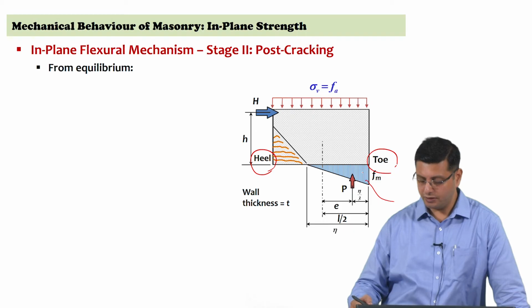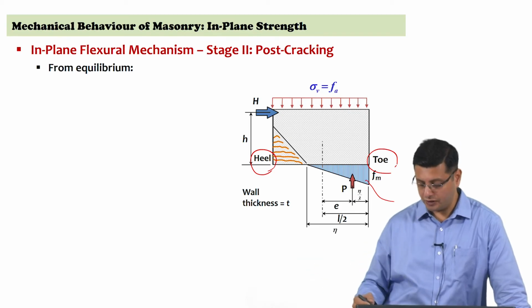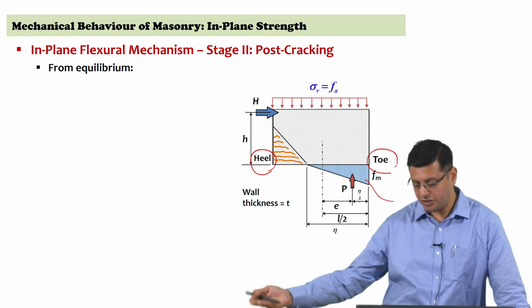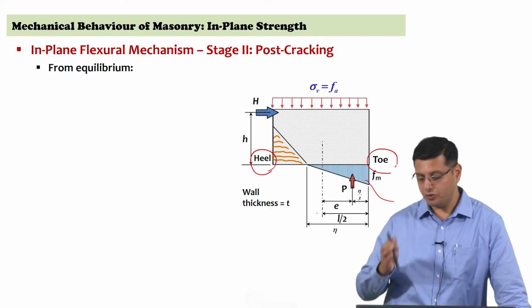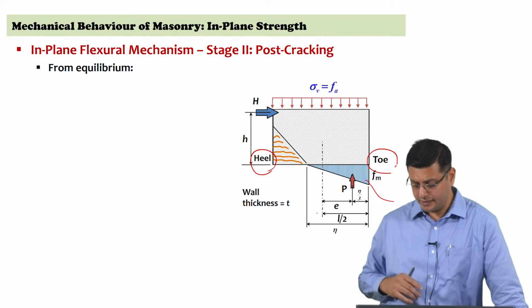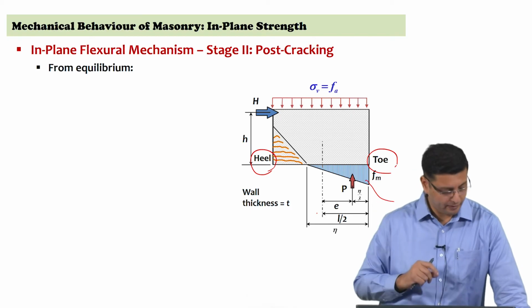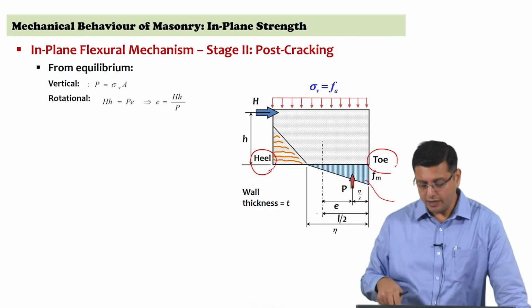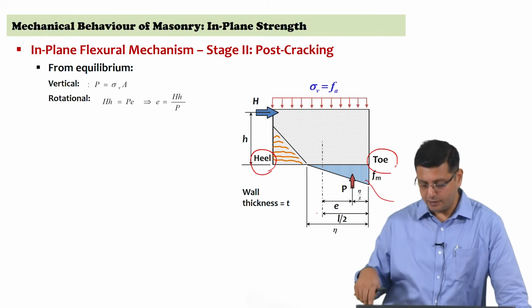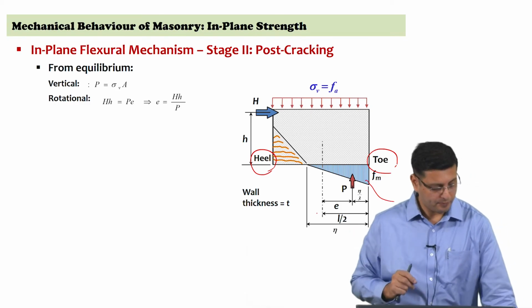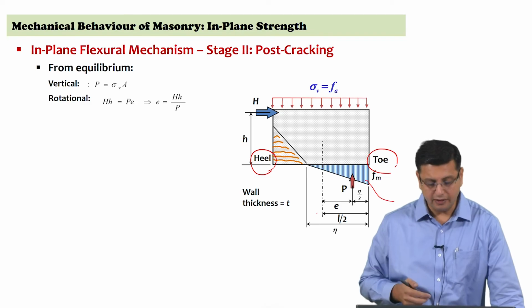Given the triangular distribution of the stresses, the axial force resultant is sitting at the centroid of the triangular distribution, and therefore, eta by 3 from the compressed edge is where the resultant is sitting, and with respect to the center line of the wall, the eccentricity is E. With this triangular distribution, we have done this earlier for the out of plane flexural mechanism. We can write down the equilibrium and then get an estimate for the compressed length eta, which is the length over which the combination of lateral force and axial force is being achieved.